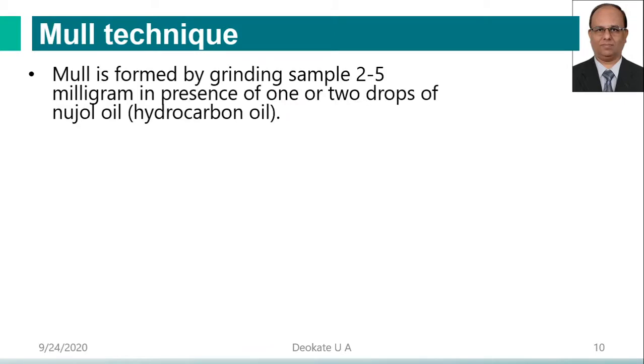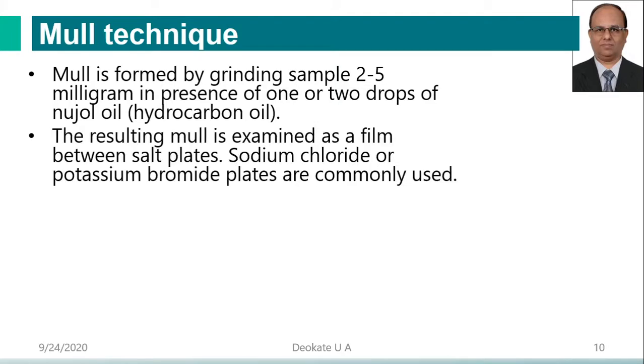Mull technique, that is the formation of a mull. Mull means a paste of sample material with mineral oil. The mull is formed by grinding the sample: 2 to 5 milligrams of sample is taken and 2 to 3 drops of Nujol, which is a hydrocarbon oil, are added to that material and it is ground in a small mortar and pestle so that it can form a paste.